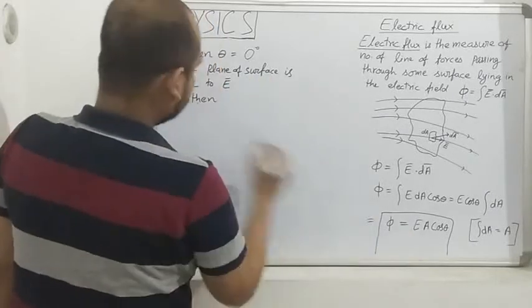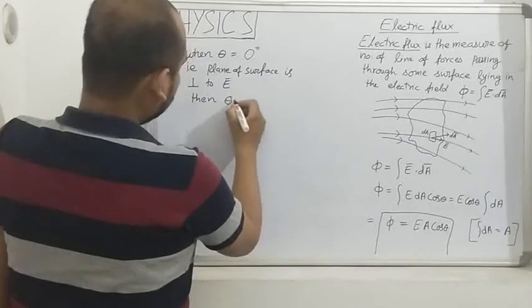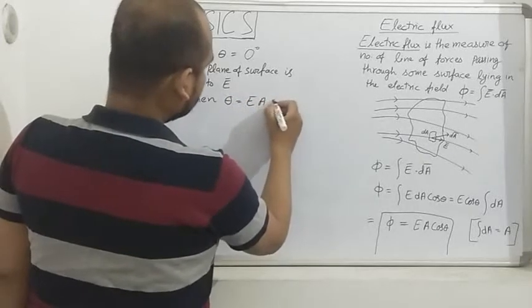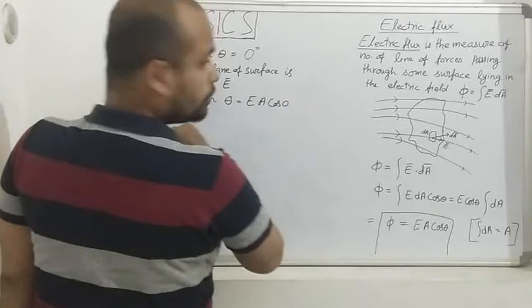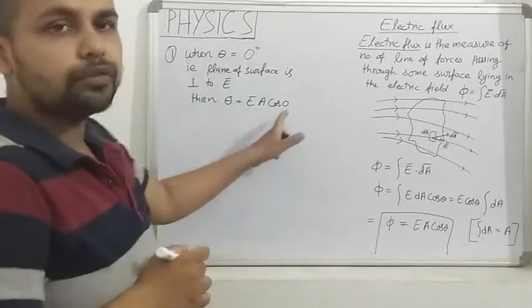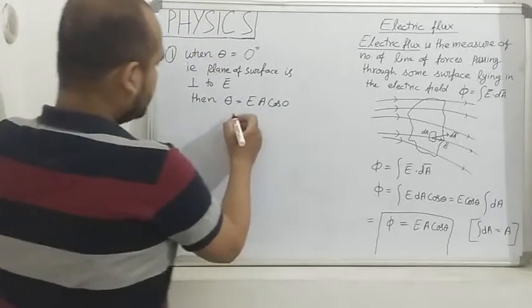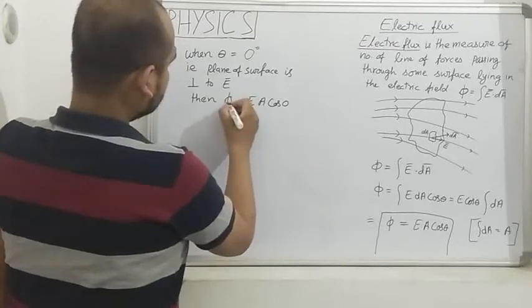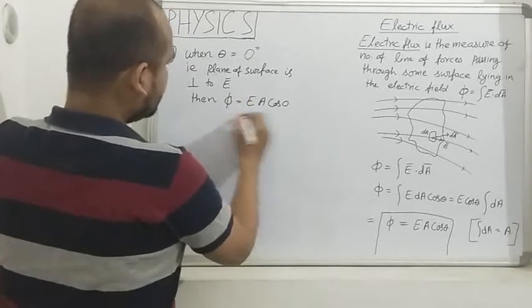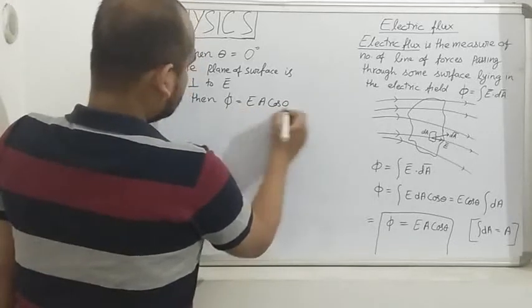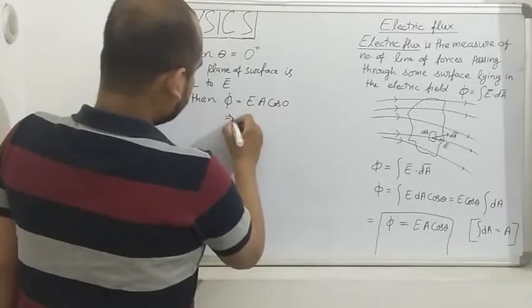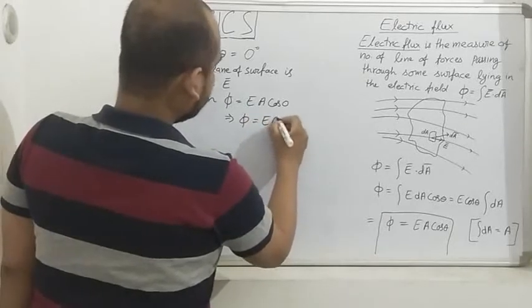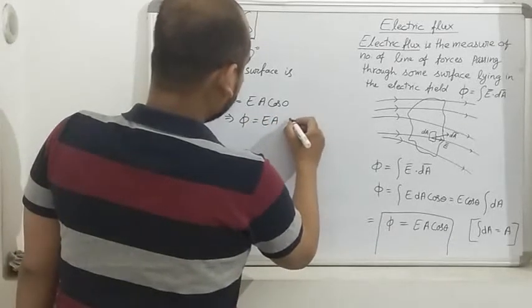According to this equation, phi will be equal to EA cos 0. We know cos 0 is equal to 1. It means phi will be equal to EA, maximum.